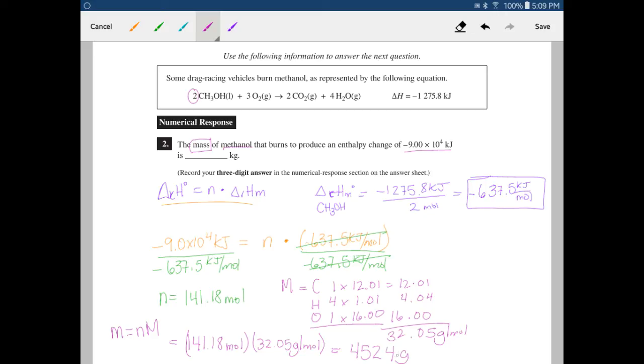Okay, actually it's 4,524.7, but that's okay. Now I get grams. Because this is asking for my units in kilograms, that's very important to make sure you're doing this. It says record your 3-digit answer. So 3 digits also means we have to have 3 digits plus a decimal in there because you have 4 places to respond in your answer sheet. This means that I have to move my decimal 1, 2, 3 places over to the left, meaning my answer is 4.52 kilograms.